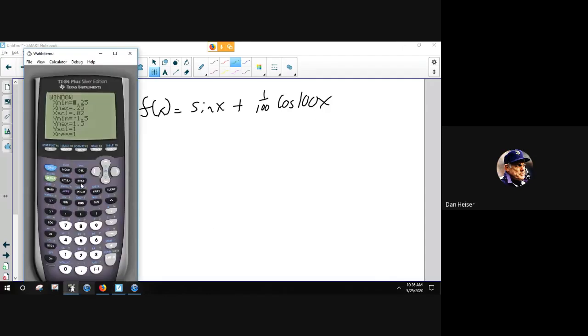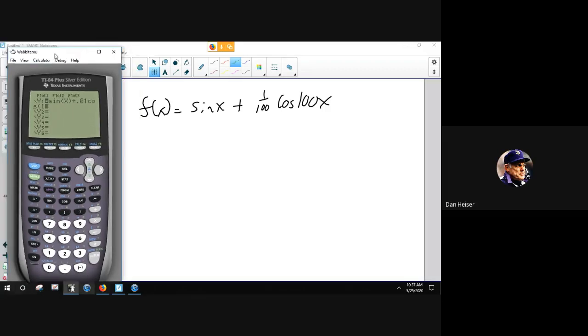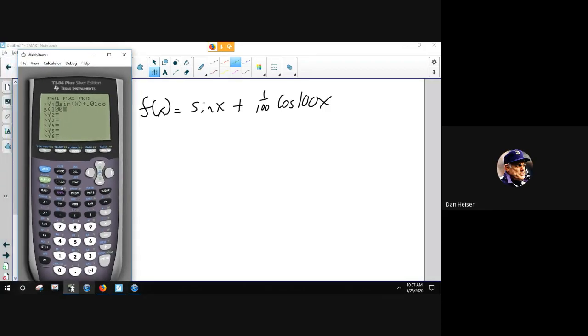So when we go to punch this in, sine x plus 1/100th, 0.01, cosine 100x, close.